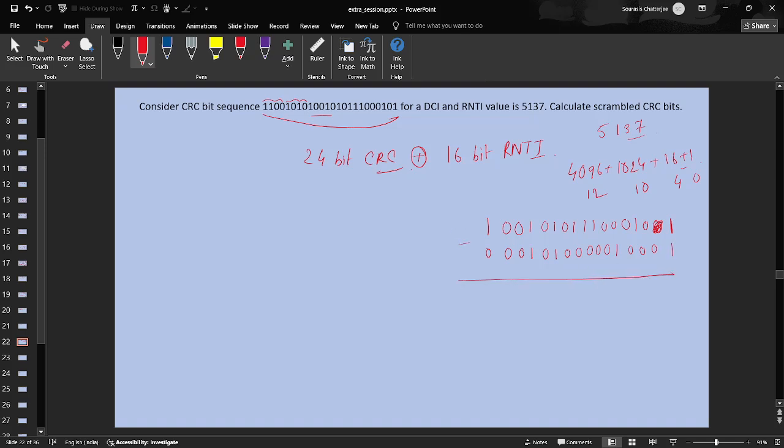If I perform the XOR operation, we will have 0 0 here, 1 0 1 0 1 1 1 0 0 0 0.